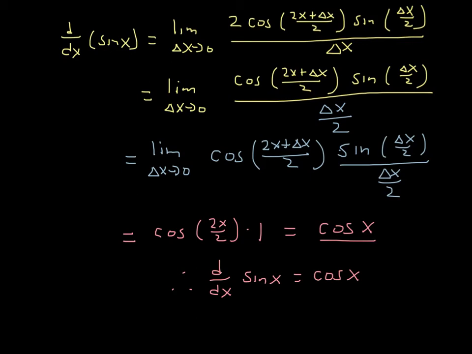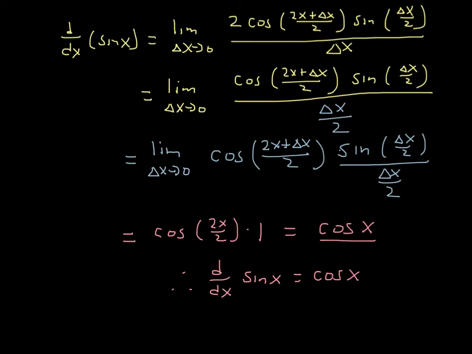In this case, and I'm just rewriting the problem now, this is going to be the limit as delta x approaches 0. I'm bringing that cosine of 2x plus delta x over 2 out in front of the fraction, and I'm leaving the sine of delta x over 2 over the delta x over 2. Now you might be sitting there saying, why did I do that?